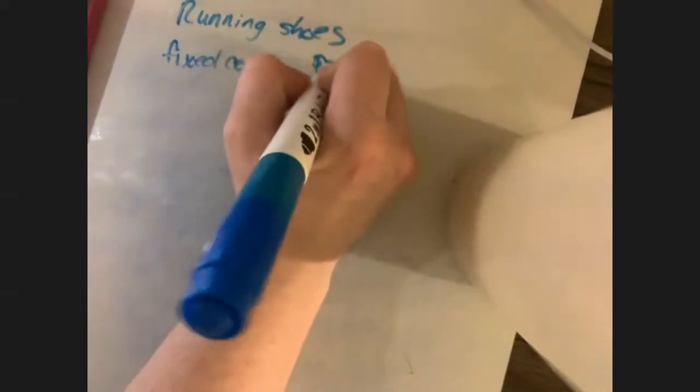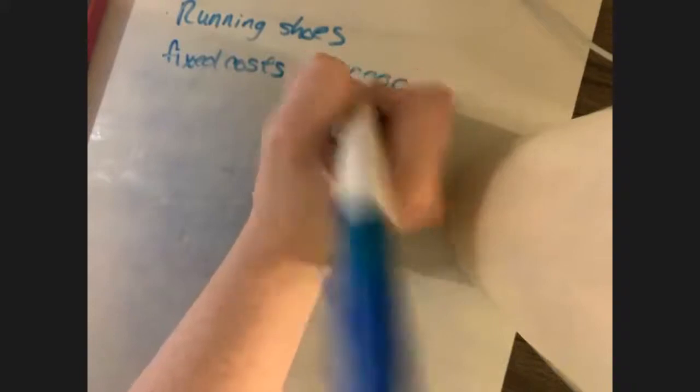Okay, so we've got they're making running shoes. We've got fixed costs, and they outright say fixed costs of $300,000.